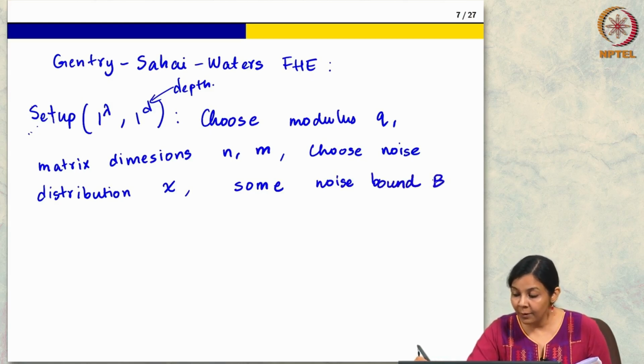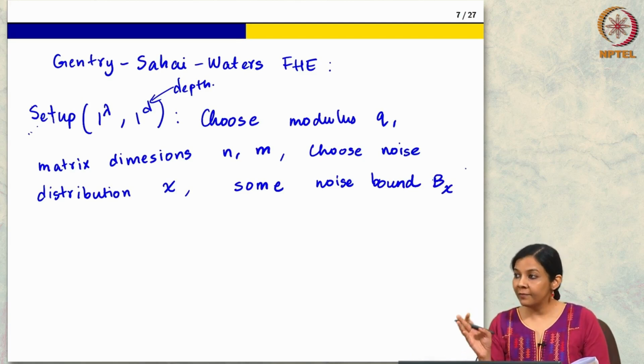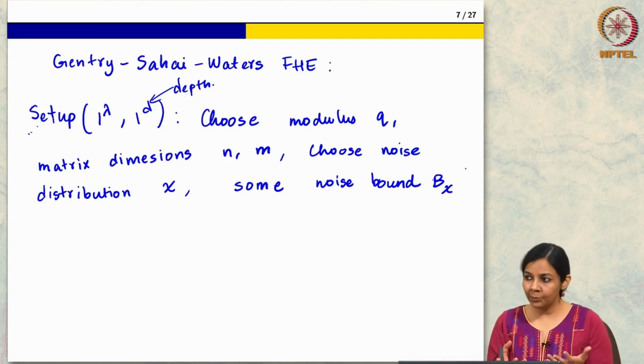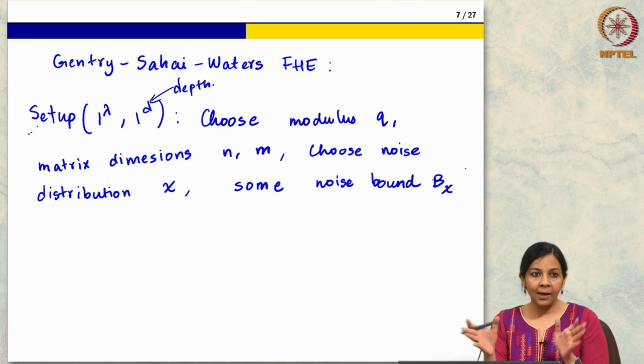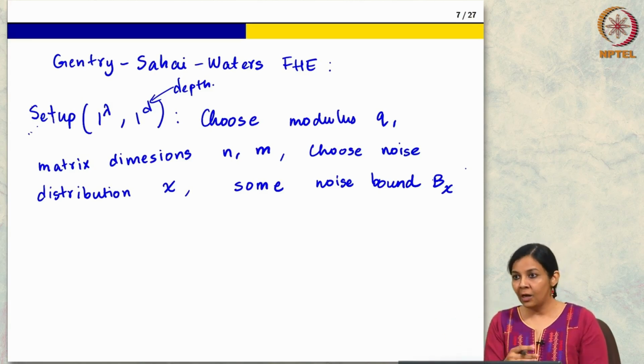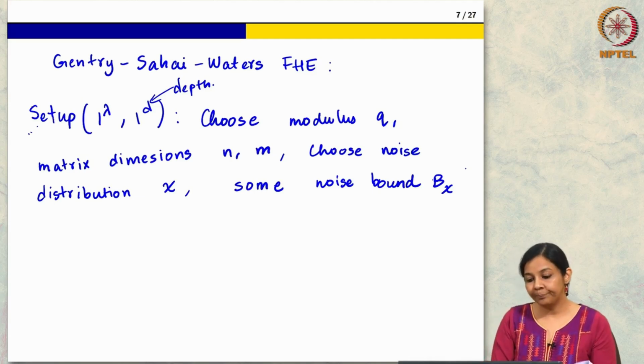So, some noise bound B chi. So, B chi is the bound of a sample of chi. We have seen this before, right. So, when we looked at public key encryption from LWE, we said that the error will come from some distribution, we will bound the size of the error. So, we are just giving the bound a name. So, we will call it B chi.